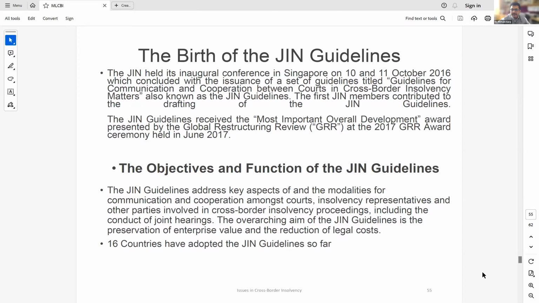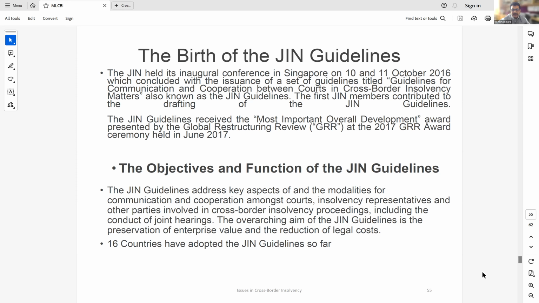The objectives and function of the JIN Guidelines. The JIN Guidelines address key aspects and the modalities of communication and cooperation amongst courts, insolvency representatives, and other parties involved in cross-border insolvency proceedings, including the conduct of joint hearings. The overarching aim of the JIN Guidelines is the preservation of enterprise value and the reduction of legal cost.